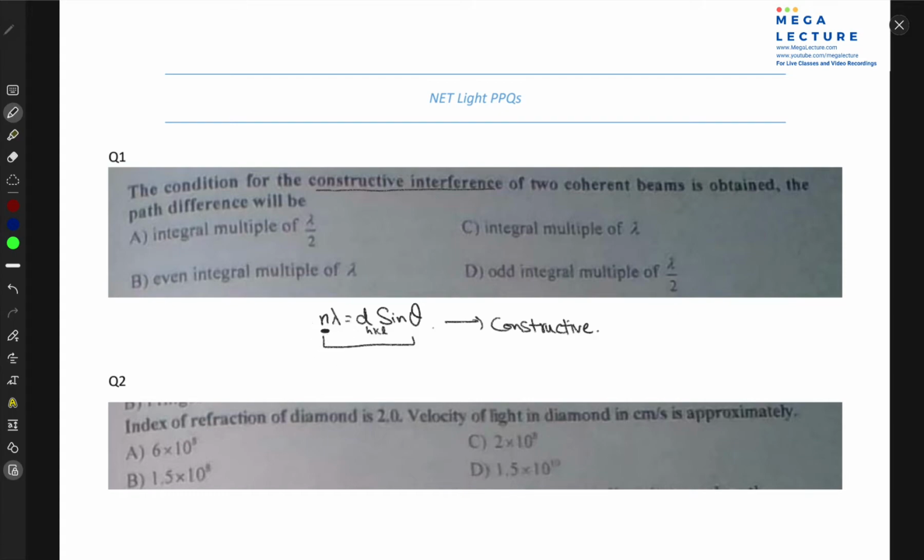Now this n over here belongs to a family of integers, which means that it can take any values 1, 2, 3, 4 and so on, which means that it would be an integral multiple of lambda. So that's the correct option.